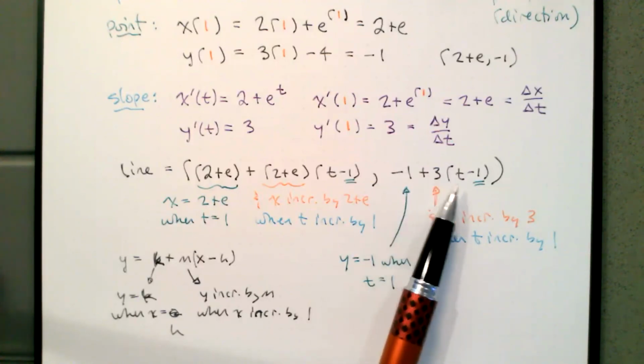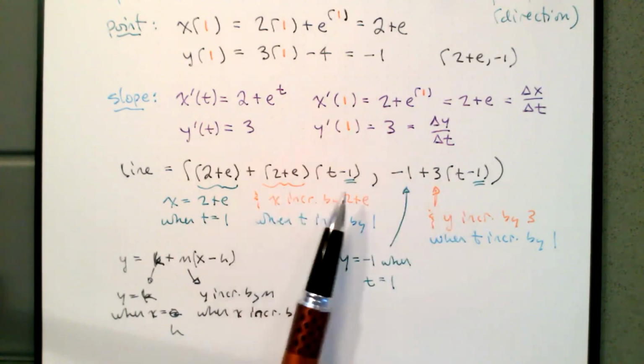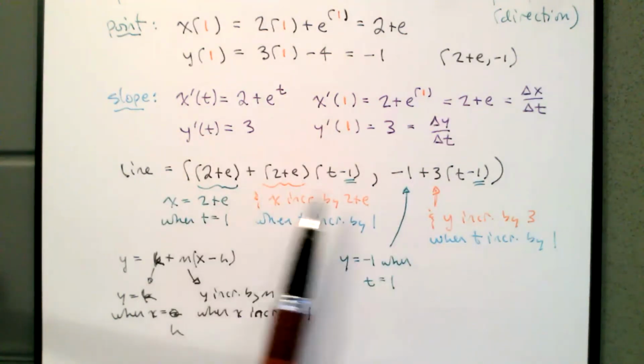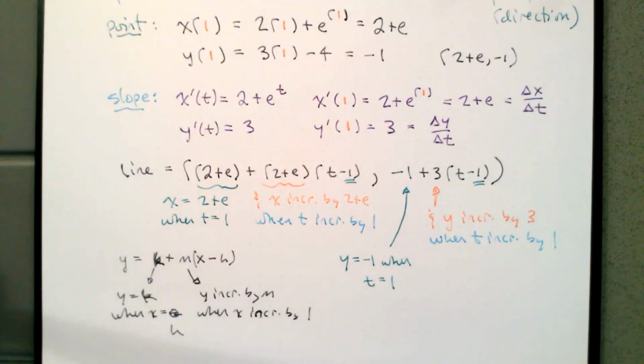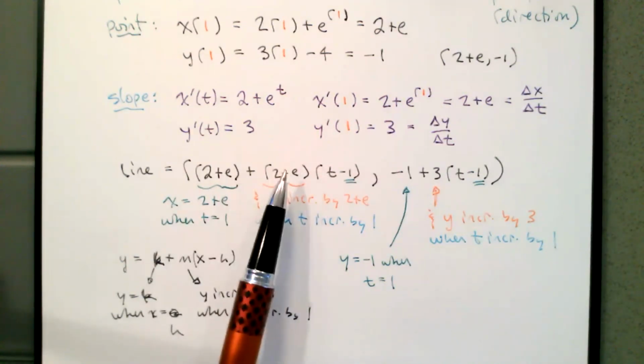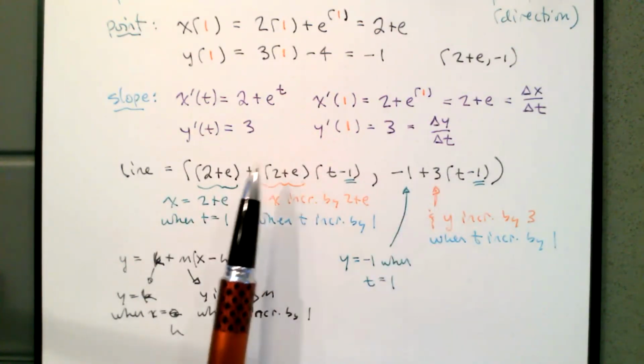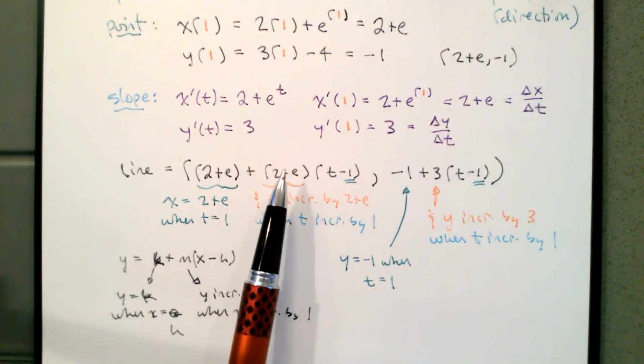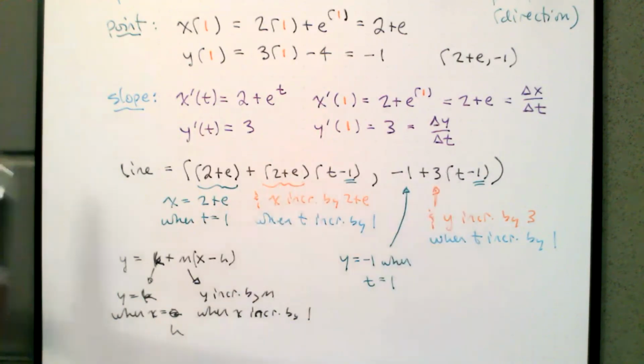It's the 3 times the t, right? 3 gets multiplied by t. What's being multiplied by t in this expression? It's the 2 plus e. 2 plus e is taking the place of the 3. The 2 plus e over here is performing the same role as the 3 is in the y coordinate.